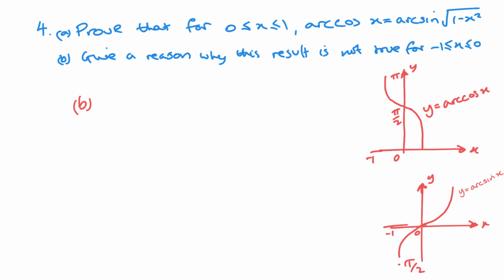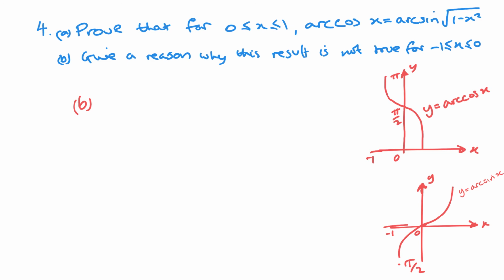What this means is that if I had an x value, say we pick a half, when I look up, it's going to hit a value between pi by 2 and pi. Whereas if I look at the same value on the arcsine, it's going to hit a value between 0 and minus pi by 2, which means that this will never equal this for the same x value. Okay, so it's just about explaining the ranges.